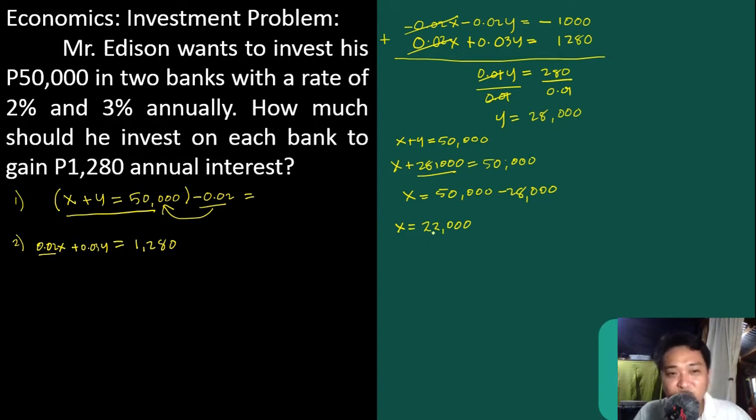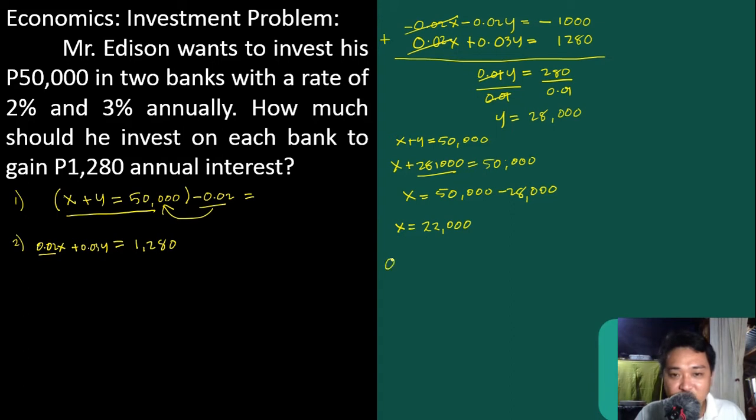Now, so the value of y here is 28,000 and the value of x is 22,000. Meaning, yung ininvest natin sa first bank is 22,000. Yung ininvest natin sa pangalawang bank is 28,000. Ngayon, check natin kung tama yung sagot natin using the second linear equation. So the value of x is 22,000.